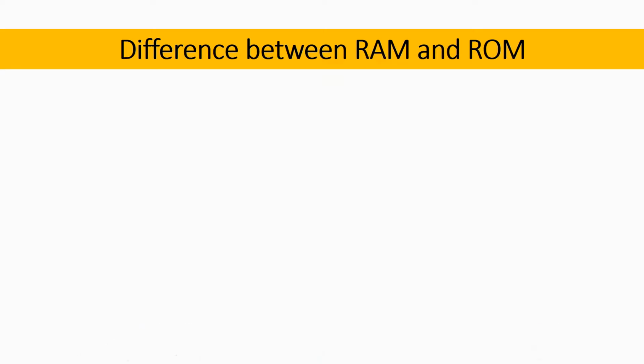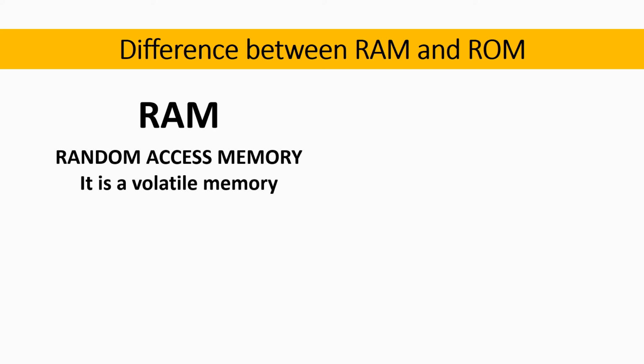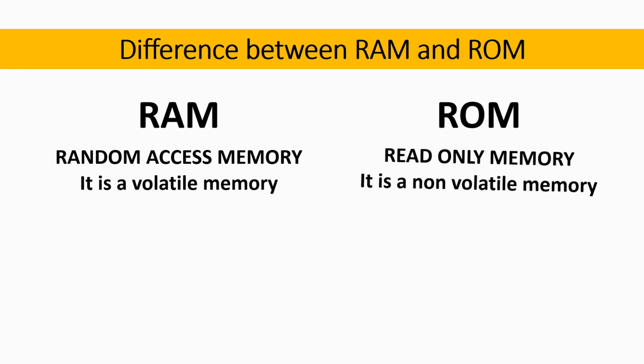Okay, so RAM stands for random access memory and ROM stands for read only memory. And then I've written something like, it is a volatile memory. Okay, so our RAM is a volatile memory.